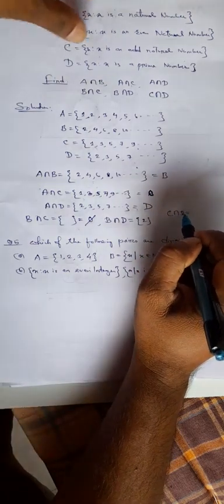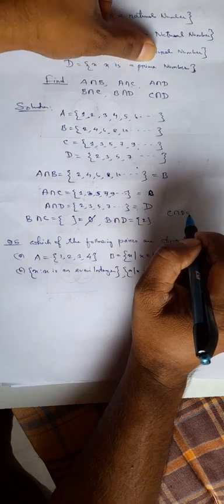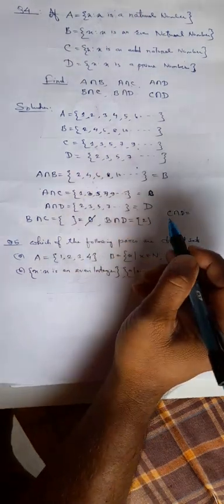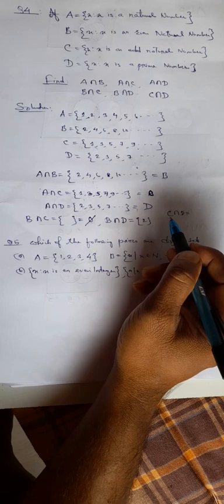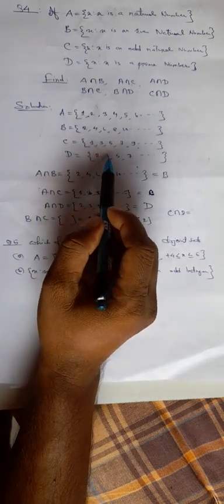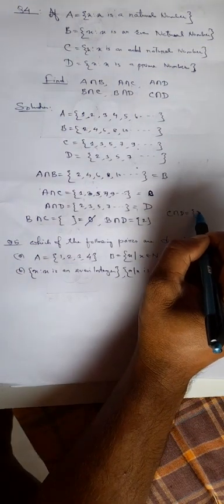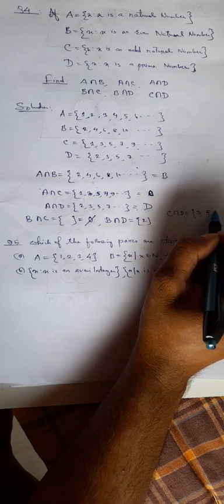C intersection D. What is C intersection D? C means odd natural numbers. D is prime numbers. Now there are some numbers which will be common to C and D. What is common here? 3 is common. 5 is common. 7 is common. 9 is not common here.